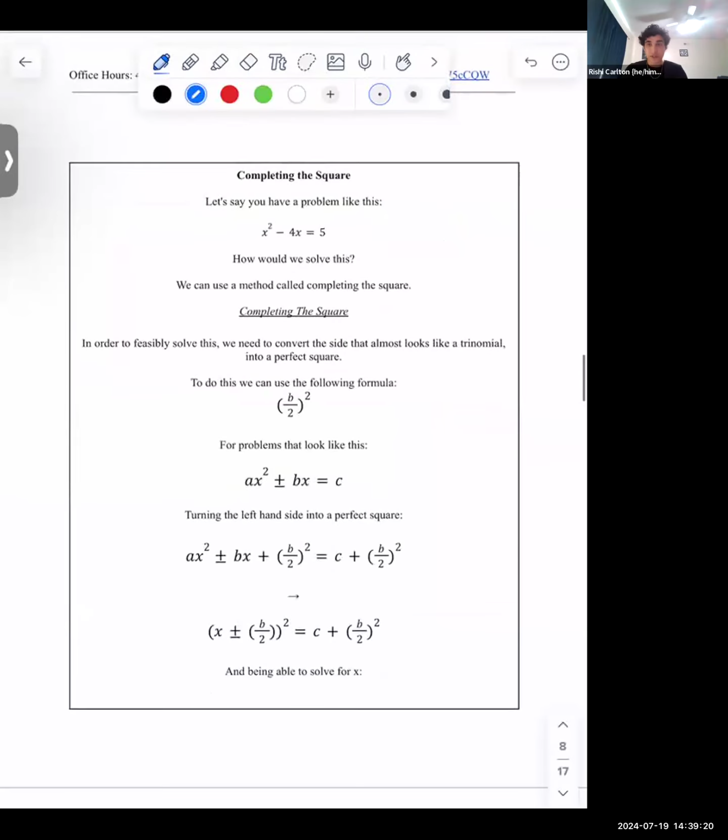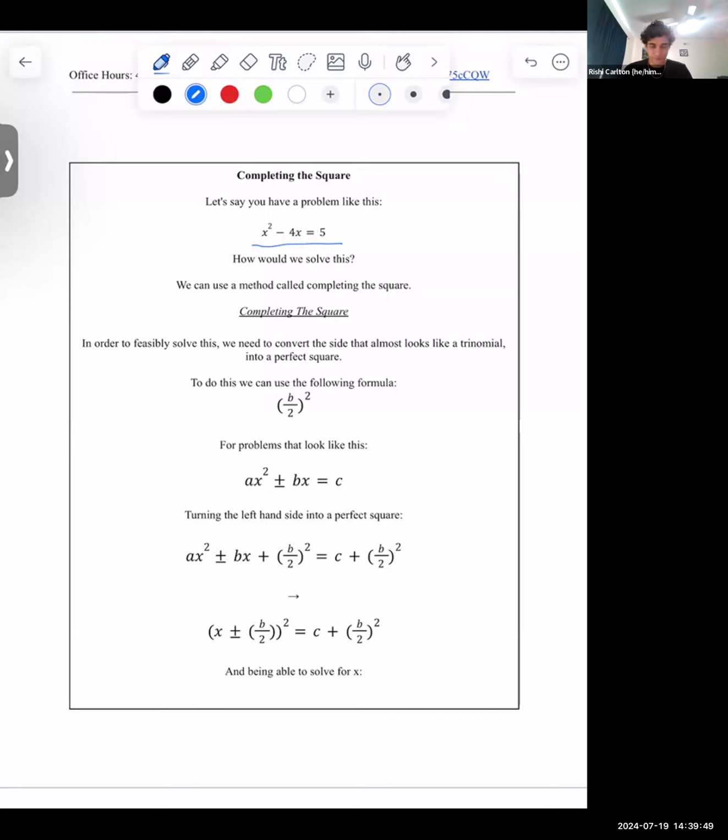Cool. Next, we're going to talk about a quick little strategy. Sometimes you're given a problem or an equation, and it doesn't look like anything super intuitive, right? You look at it and you're like, okay, well, x squared minus 4x equals 5. Interesting. That doesn't follow any of the categories that I've seen so far. So what we do is we create a square.